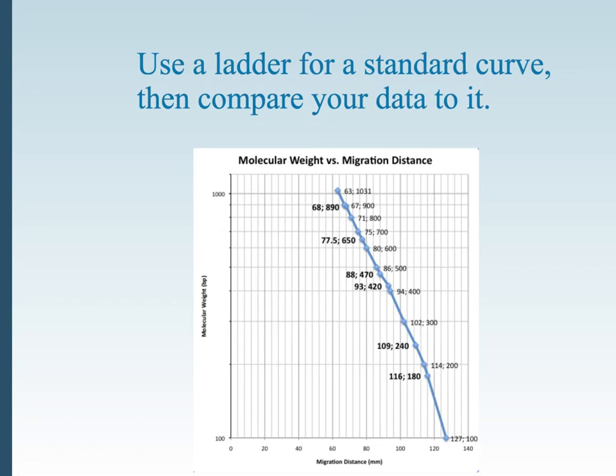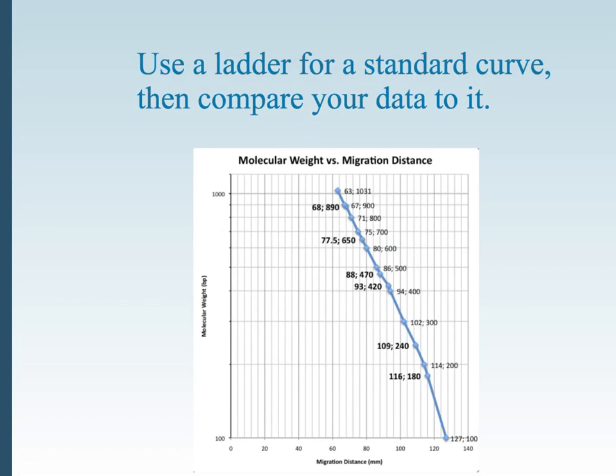Then when you get your gel out, you can say, okay, in this ladder tube, I know that this shortest strand was 10 base pairs long, and I know that it migrated this far. And so you're able to plot that, and then using a ruler, you can say, how far did my unknown DNA move? And you're able to use a standard curve to figure that out.